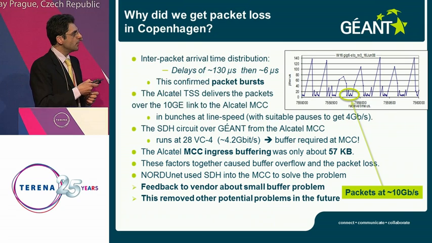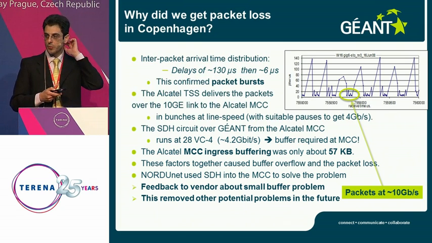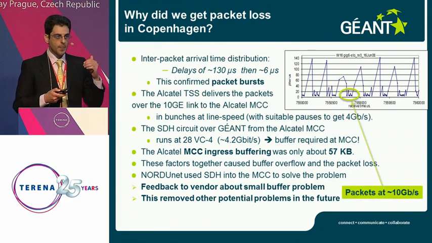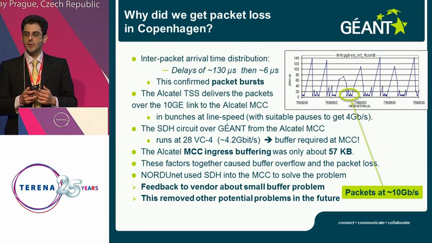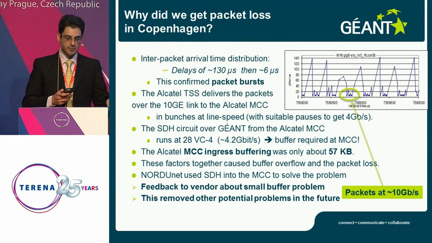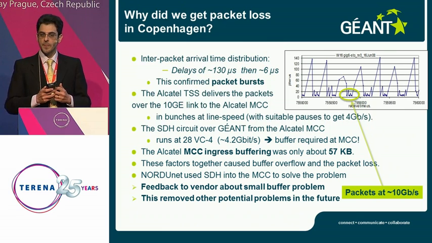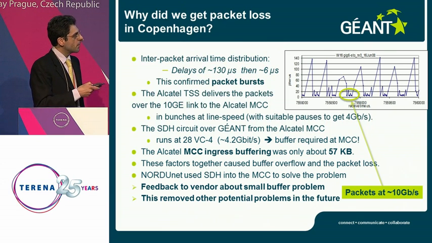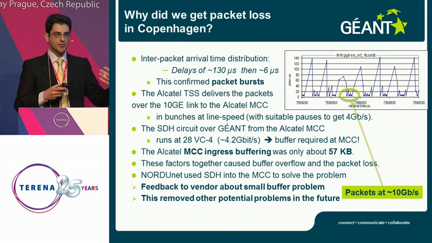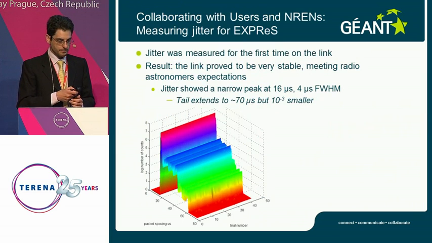But an important thing happened, apart from solving the problem: we were able to feed that information back to the vendor and have the buffer modified. And this probably removed some other potential problem in future.